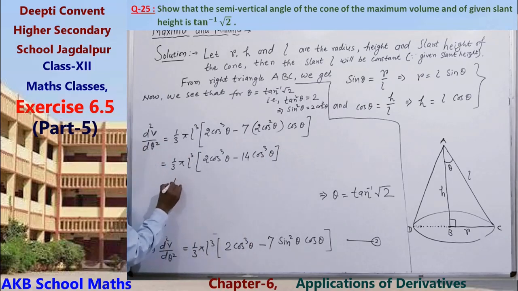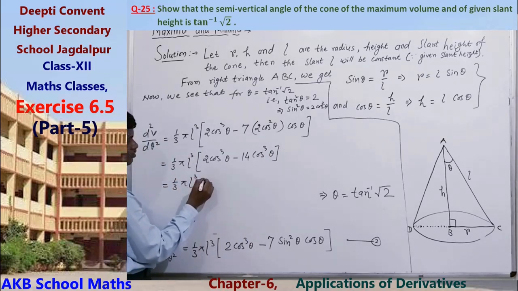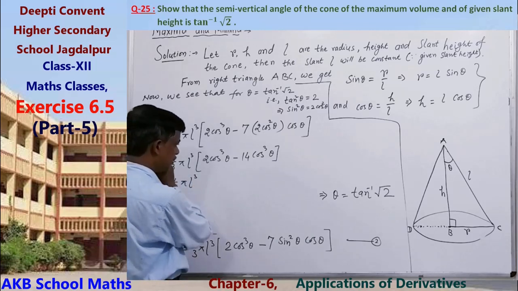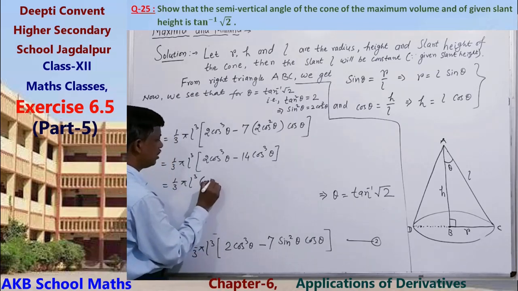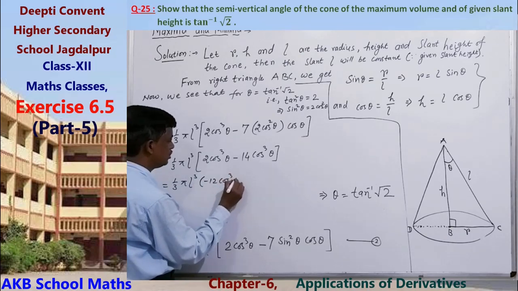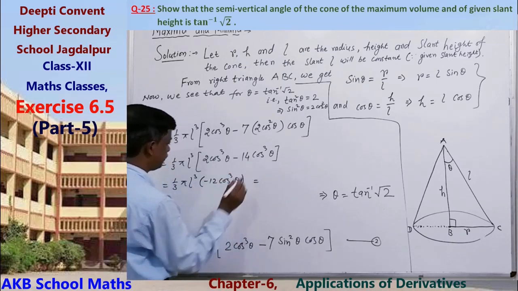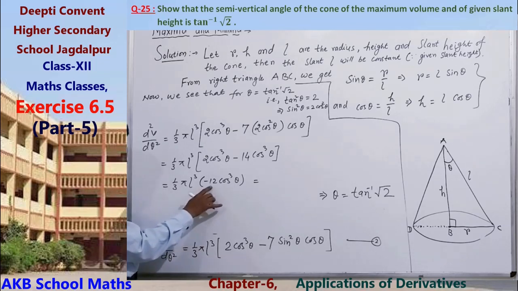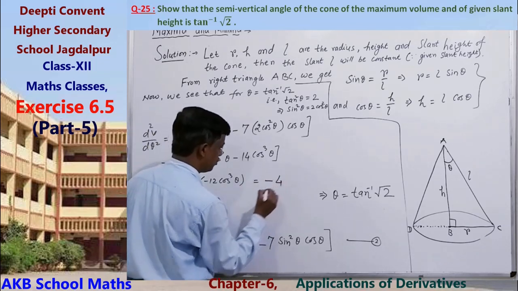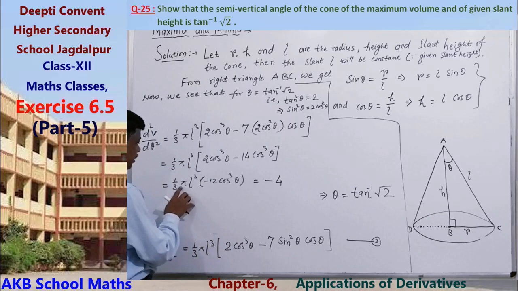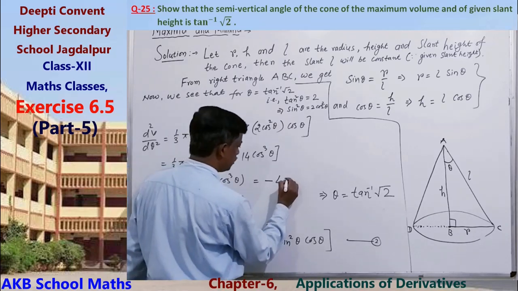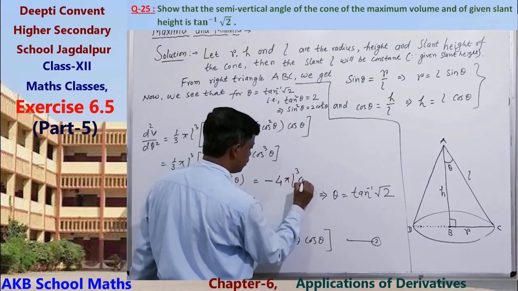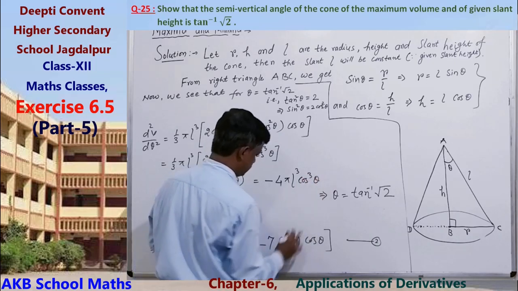This equals 1 by 3 pi L cube times minus 12 cos cube theta. This equals minus 4 pi L cube cos cube theta.